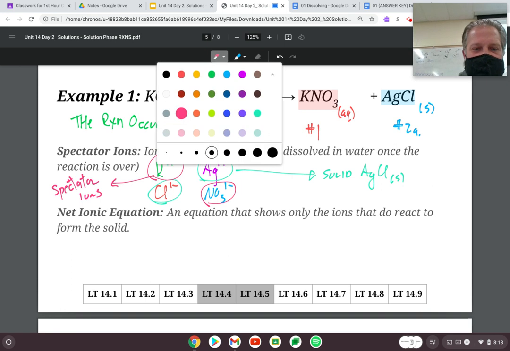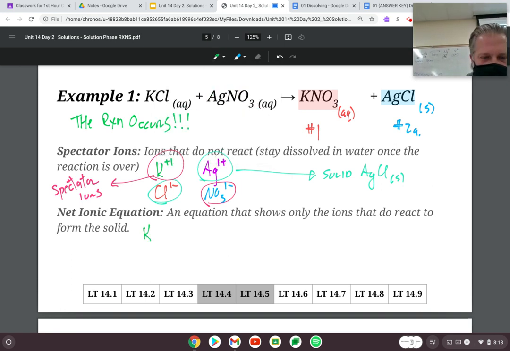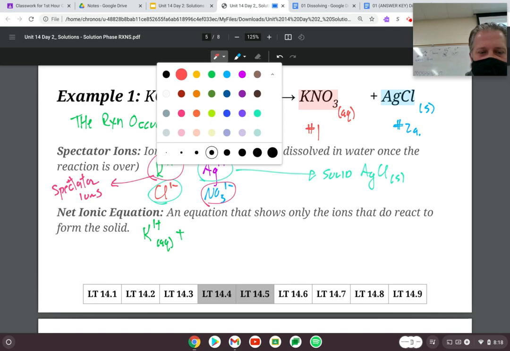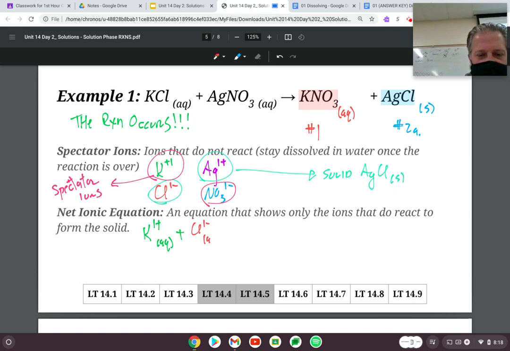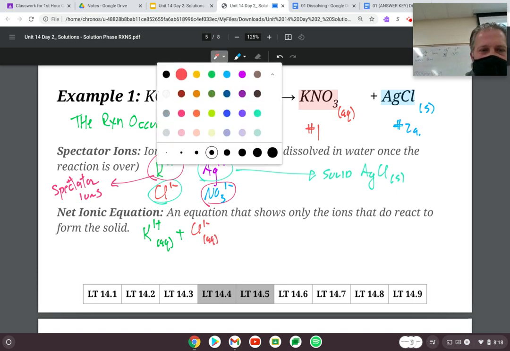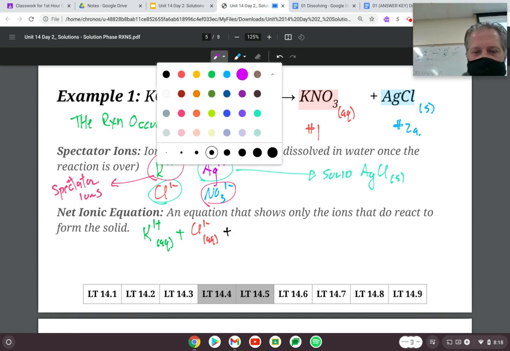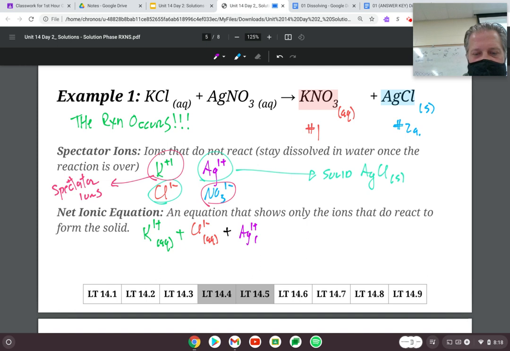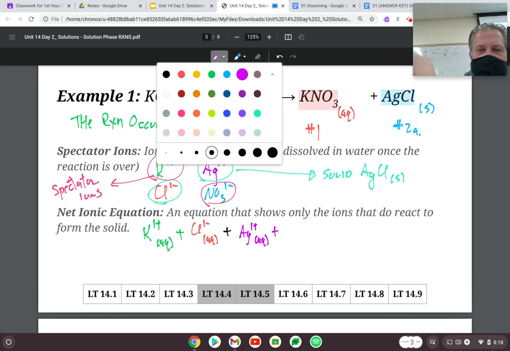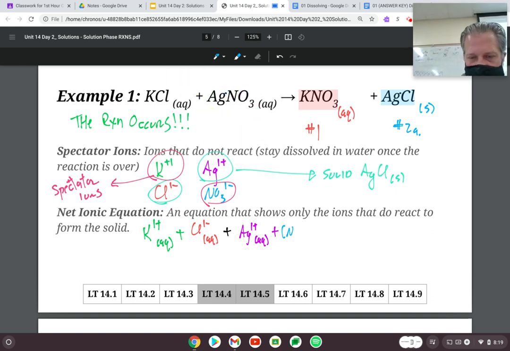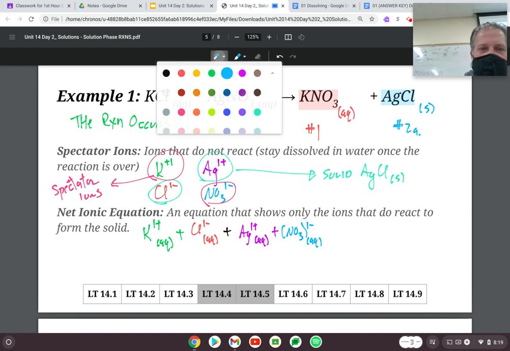So I have K, which is +1 and aqueous, and Cl, which is -1 and also aqueous, and I have Ag, which is +1 and aqueous, and NO3, which is -1 and aqueous.